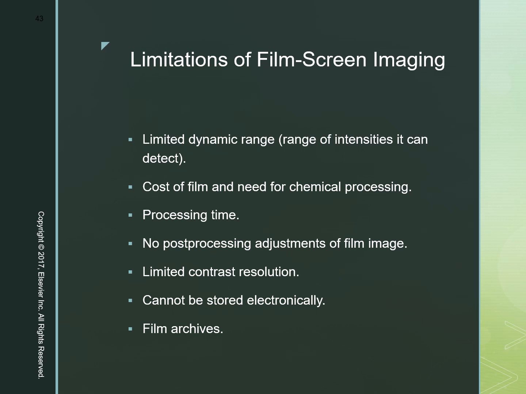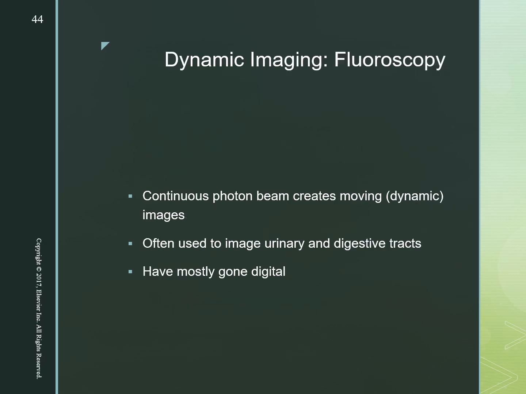It is what it is, so it's going to result in a lot more repeat rates. They also cannot be stored electronically, resulting in these huge film archives that can take up rooms and rooms and rooms in an institution. And therefore, that's why we've really made the conversion from film screen to DR.